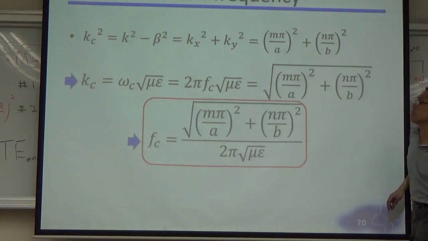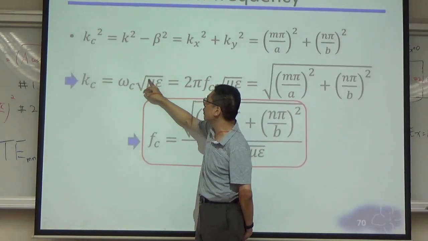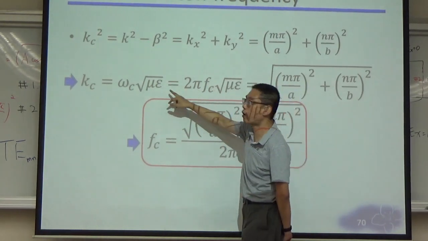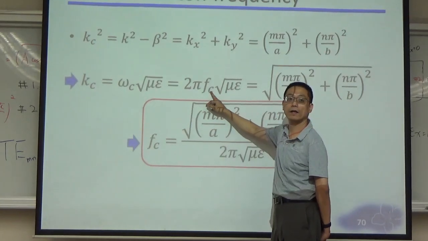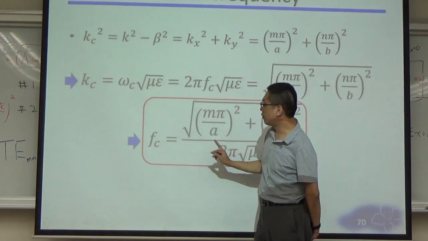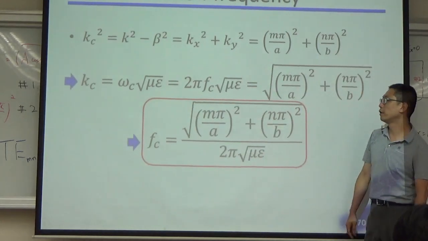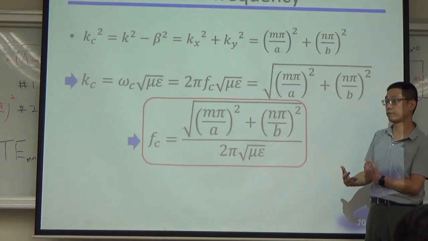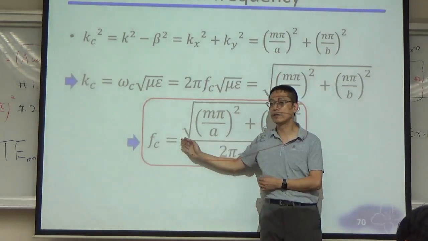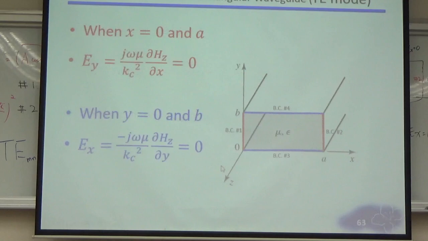And because your kc equals angular frequency multiplied by the square root of mu epsilon, which is 2 pi fc for your omega c, you can find out your cutoff frequency from the equation. It depends on which mode you try to solve. And this equation, kc, is how we make this table.